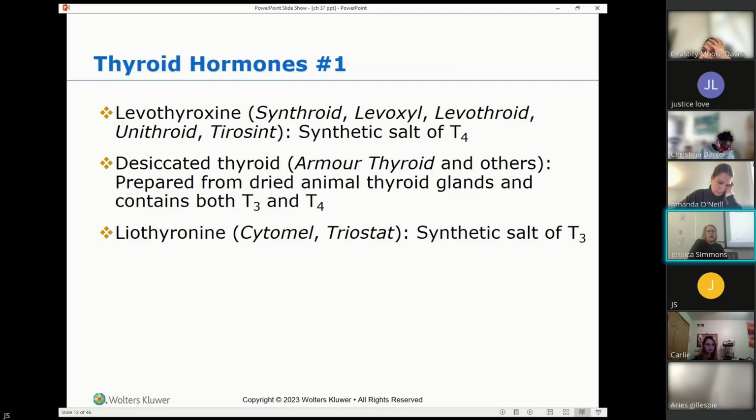And then you have liothyronine, which is a synthetic salt of T3. So most people with hypothyroidism have a deficiency of T4, which is why they need Synthroid. You don't see the liothyronine very often because, like I said, most of the time it's T4, not T3.